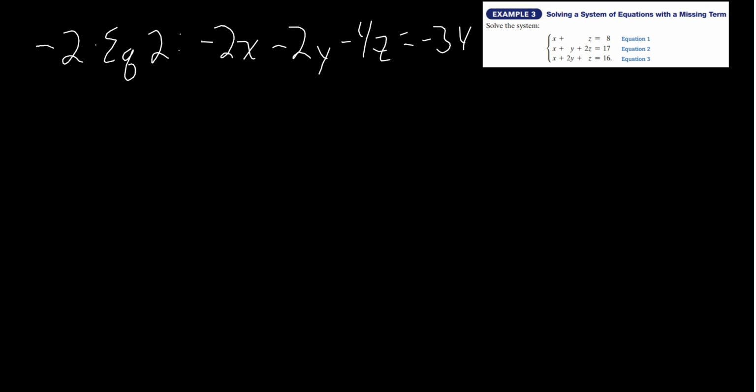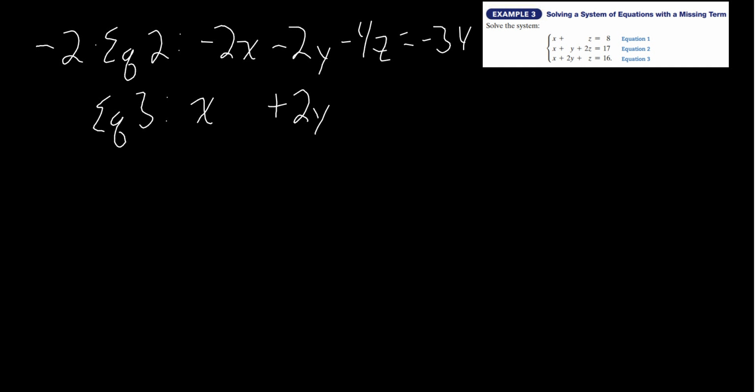And then the second equation, well, we don't have to change that at all, right? We can just simply write equation 3, and that is just going to be x plus 2y.